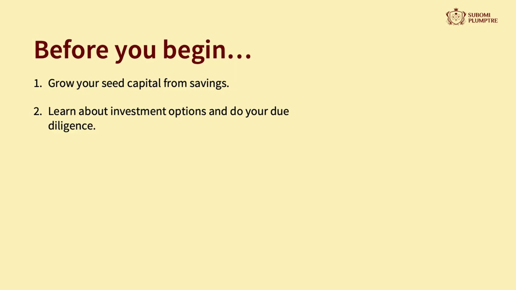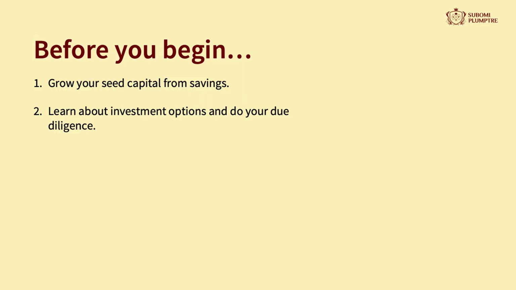Number two is, I'm assuming you've learned about your investment options. You've taken my course, you've watched free YouTube videos, you've Googled terms you don't understand online, and you've also done your due diligence on those investment options. With the investment options that you've been seeing flying around on the internet, you've used my risk assessment checklist to be sure that these are credible opportunities. I'm assuming you've done that.